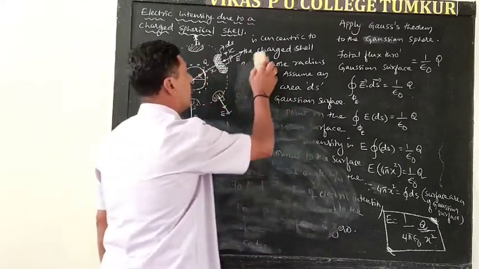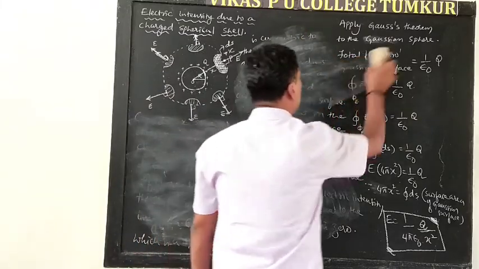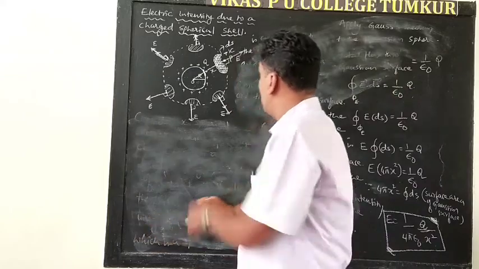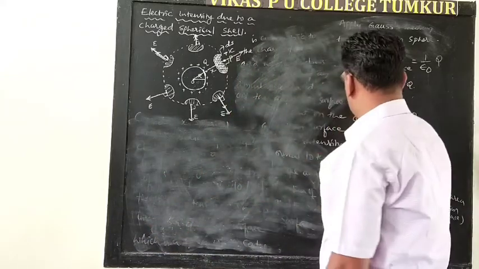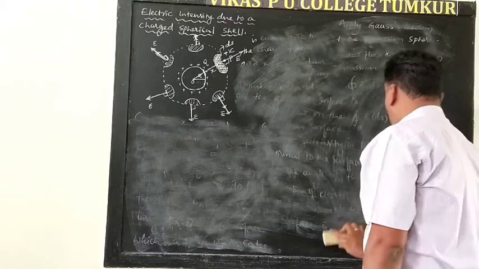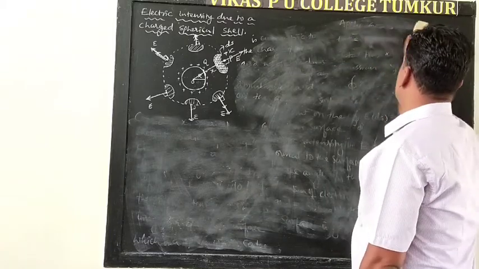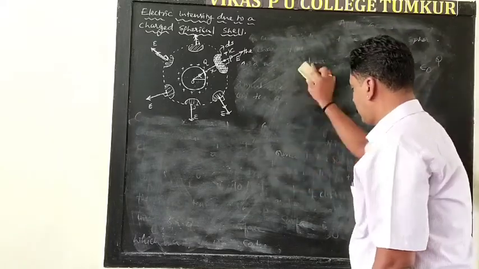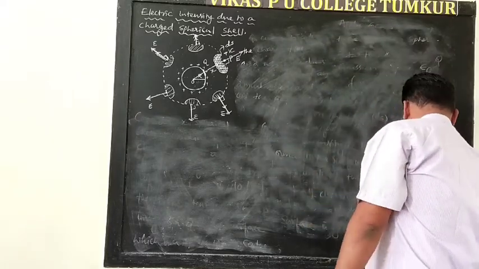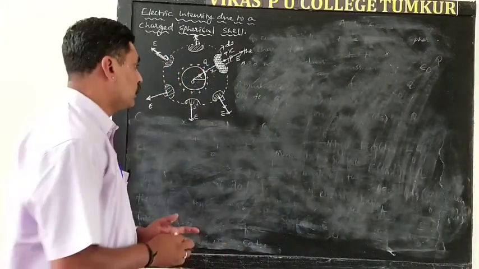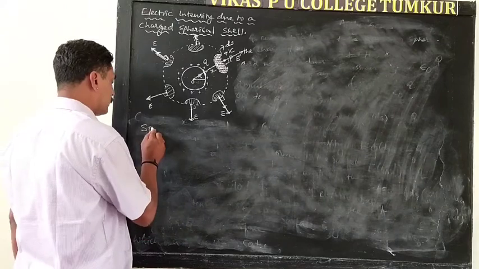We will say that this point P is very close to the charged sphere, or point P is on the surface of the charged sphere. So we can take two cases. So I will write special cases.